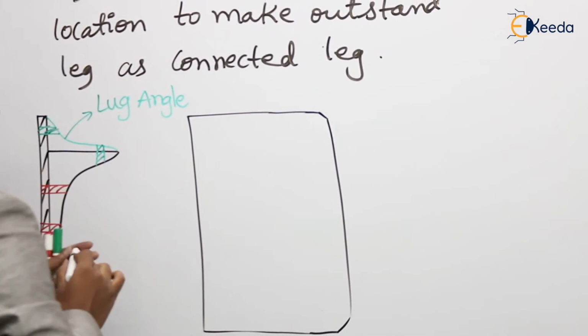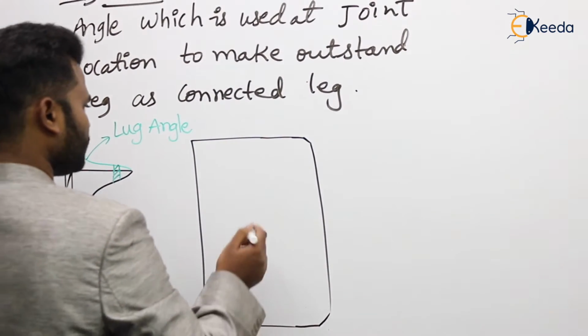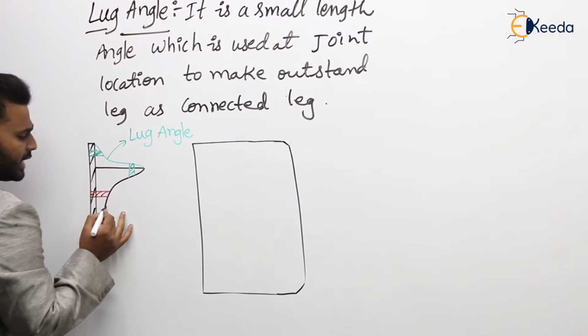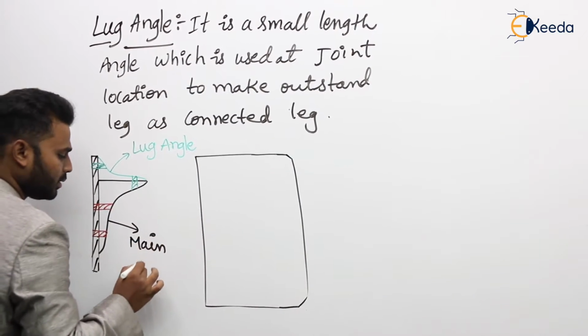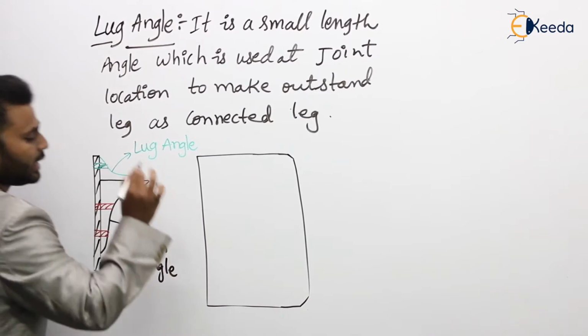So this is the gusset plate. To this we have connected the main angle. So this is called as main angle or main member.